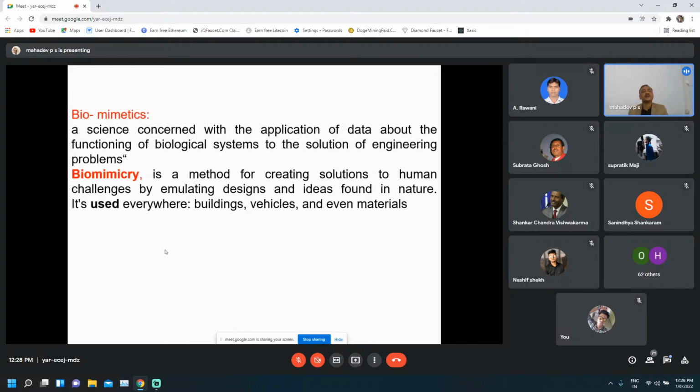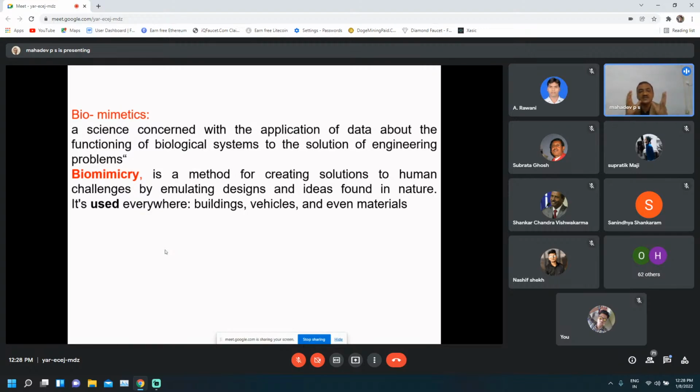So I was talking regarding biomimetics. This is a very important and interesting thing in tribology, biotribology. Bio means, as I told, living things. Biomimetics is a science concerned with the application of data about the functioning of biological systems to the solution of engineering problems.